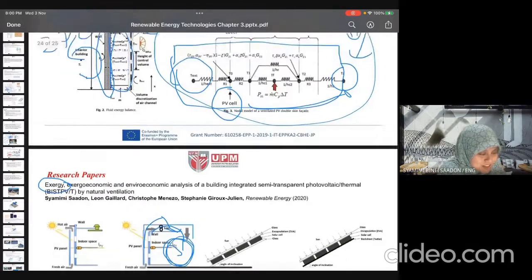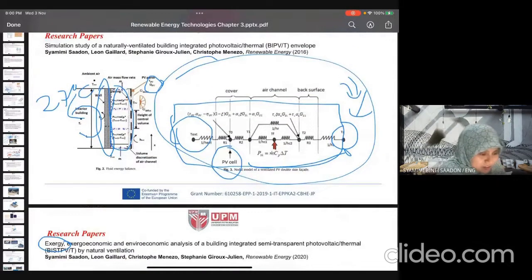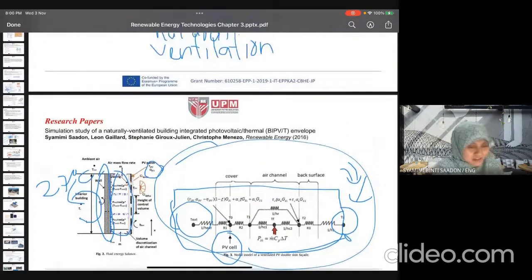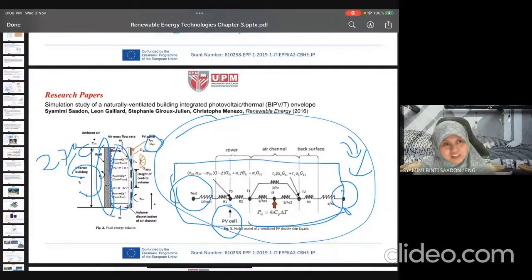So I'm just sharing with you some of the studies that I have done for this solar technology. Currently, like I mentioned just now, I'm also trying to study the application of using a solar PV thermal collector with the thermodynamic cycle that I mentioned, the Rankine cycle, to produce heat and mechanical power at the same time.